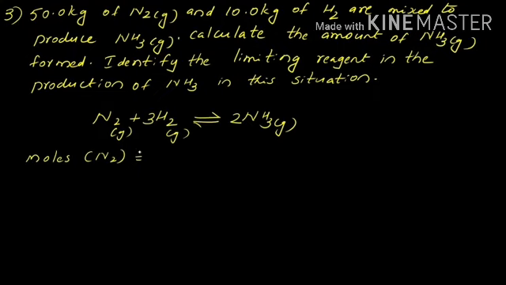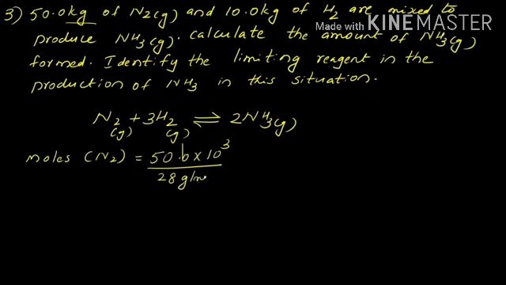What is the mass of nitrogen? It is 50 kilogram. Make sure that it is in kilogram, so we need to convert it into gram. So how do we convert into gram? 50 into 10 to the power of 3 divided by the molar mass of N2, which is 14 into 2, that is 28.